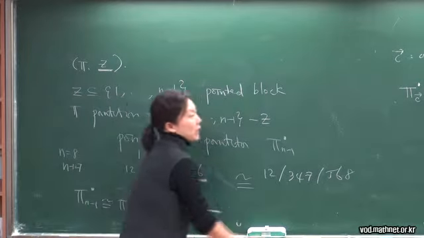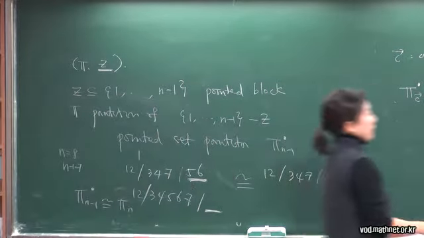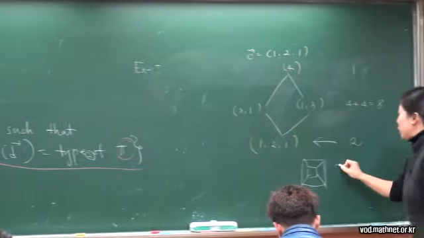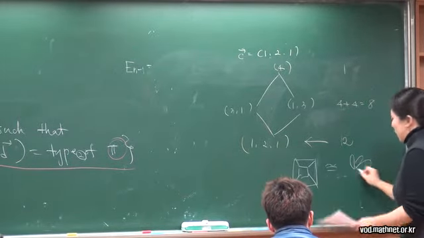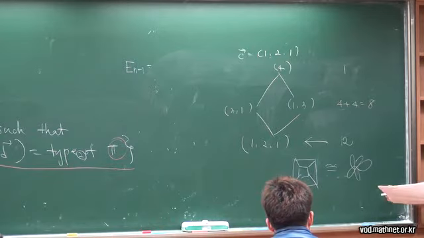So you have the cube. And as you know, this cube is homotopy equivalent to the wedge of 5 spheres.